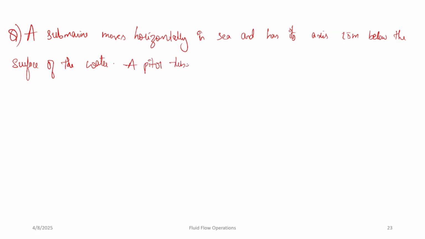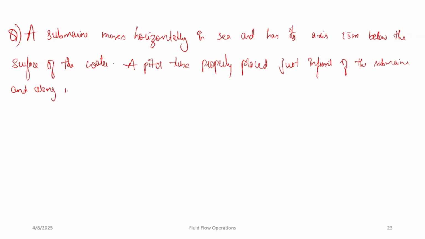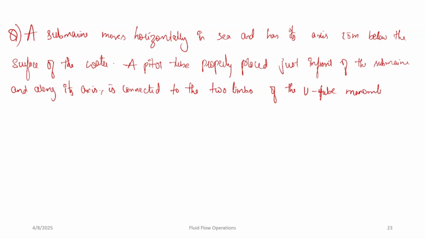A pitot tube properly placed just in front of the submarine and along its axis is connected to the two limbs of the U tube manometer containing mercury.